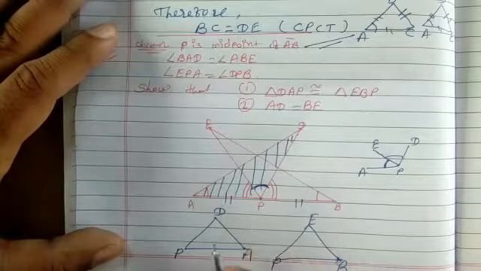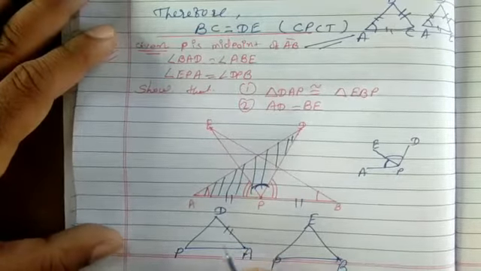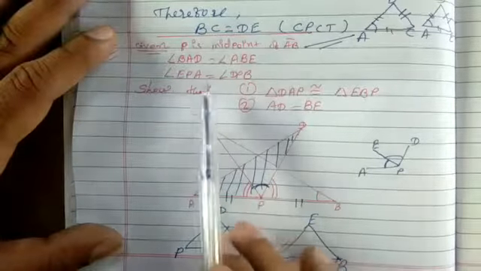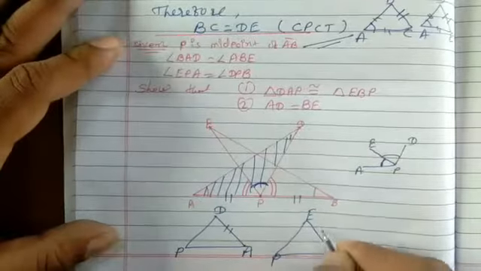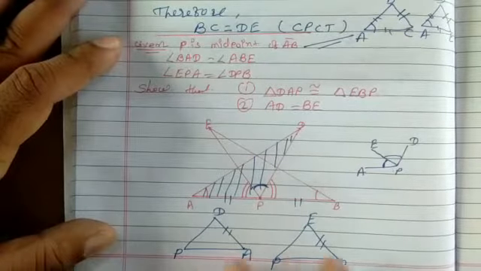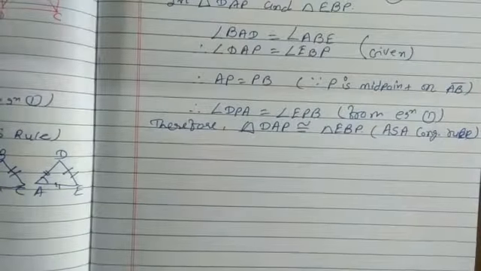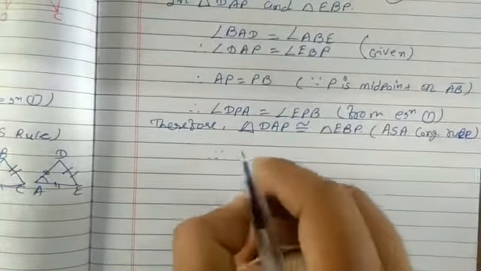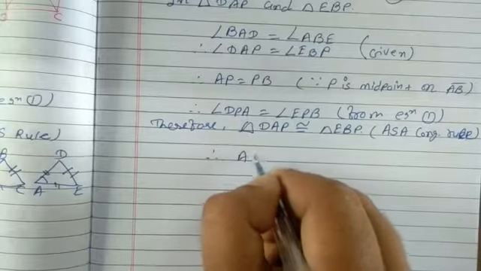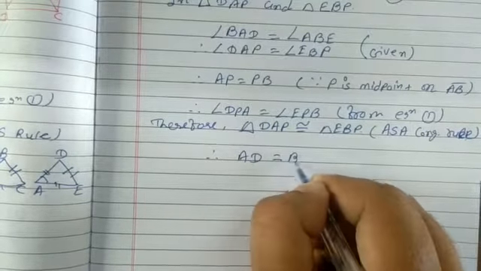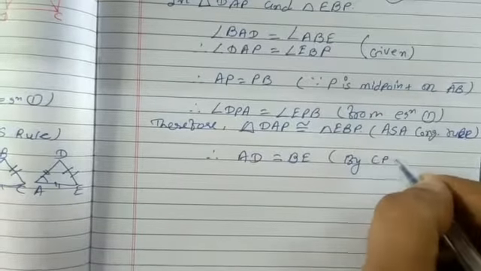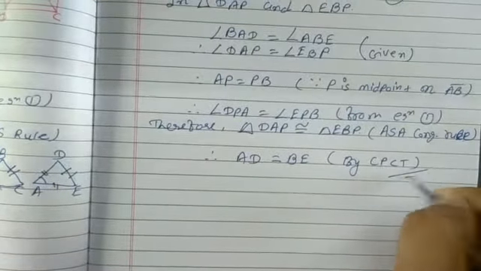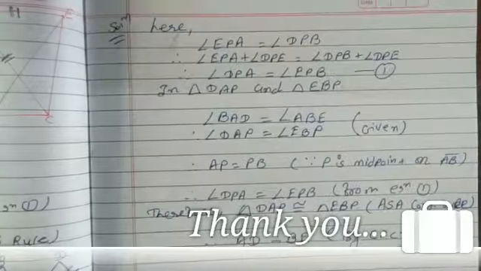Then what can we say about AD? Okay, here AD and BE both are equal. Am I right? By CPCT. Therefore AD is equal to BE by CPCT. So this is the solution of our question number 7.